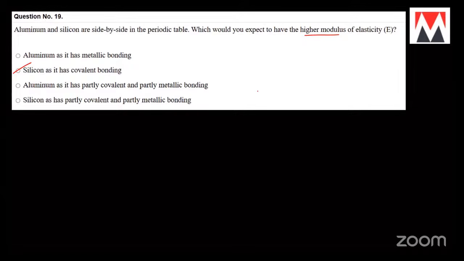That is what you call the yield point. Before the elastic limit, these bonds will be stretched and can come back again. In silicon, it has covalent bonding. Aluminium will deform very easily compared to silicon.